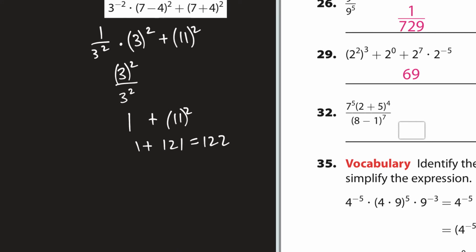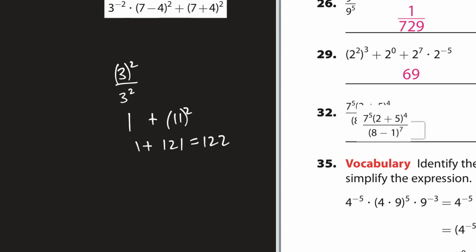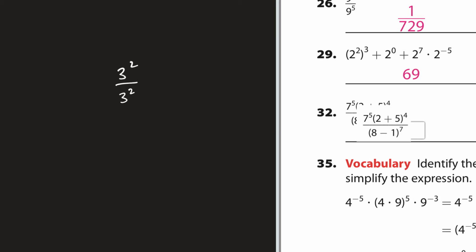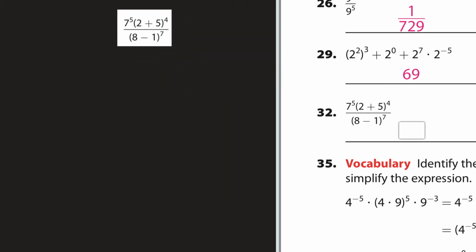Okay, number 32. I'm going to remove this stuff, and I'm going to move this over here. So what I have is 7 to the 5th, and then in parentheses 2 plus 5 is 7 also, 7 to the 4th.